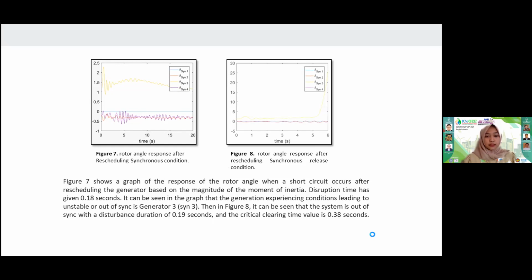It can be seen in the graph that the generator experiencing the condition leading to unstable or out of synchronism is generator 3. Then in figure 8, it can be seen that the system is out of sync with a disturbance duration of 0.19 seconds and the critical clearing time value is 0.38 seconds.